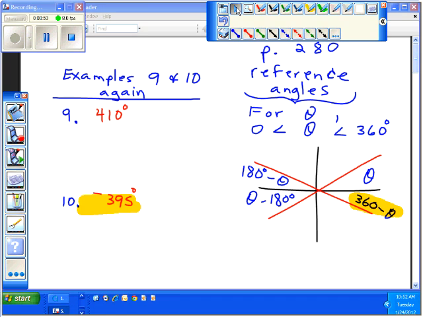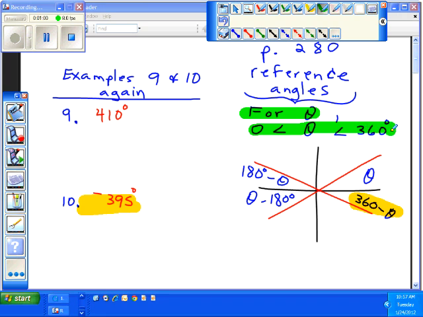But the thing that we didn't go back and look at there on page 280 is that we're talking about theta such that theta lies between 0 and 360 degrees. What that means is that before we apply this formula, 360 minus theta, we have to get an angle between 0 and 360 degrees.